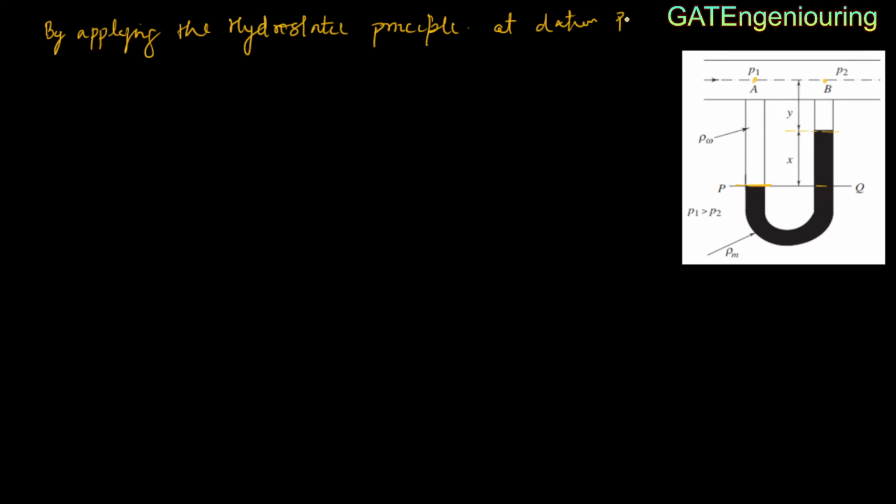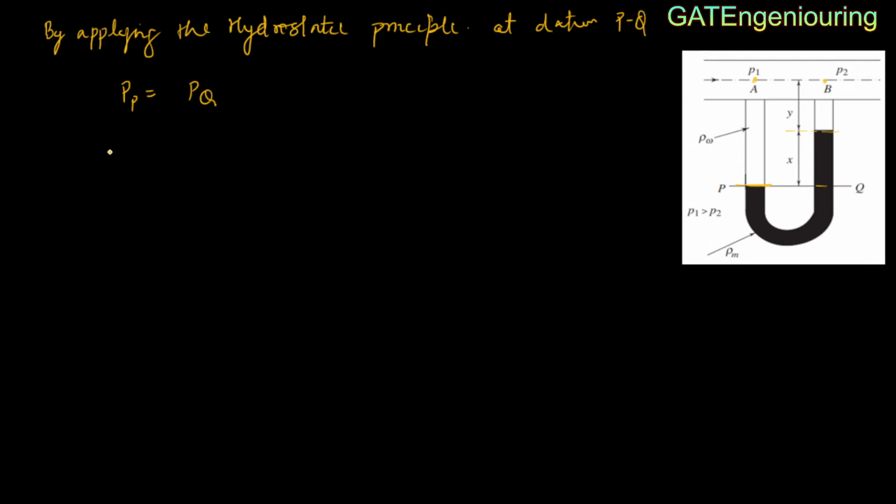So by applying the hydrostatic principle, we can say that pressure at datum PQ, so pressure at P is equal to pressure at Q. Okay, so pressure at P is how much?